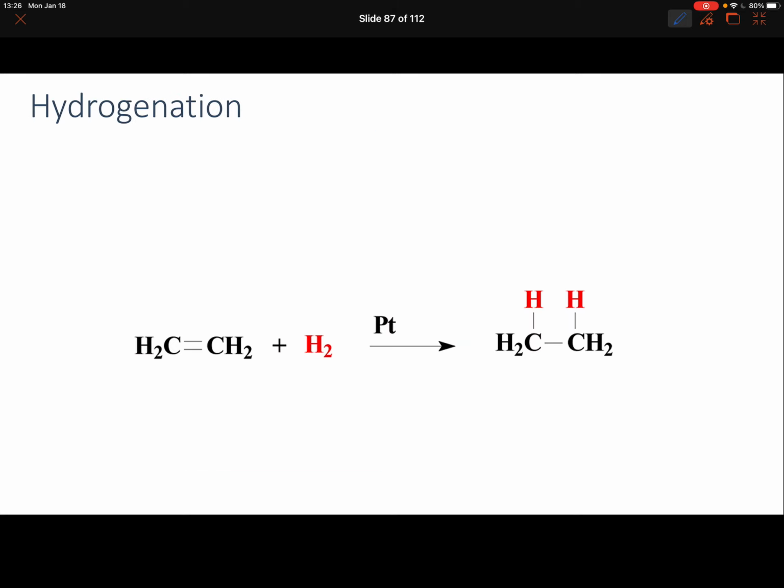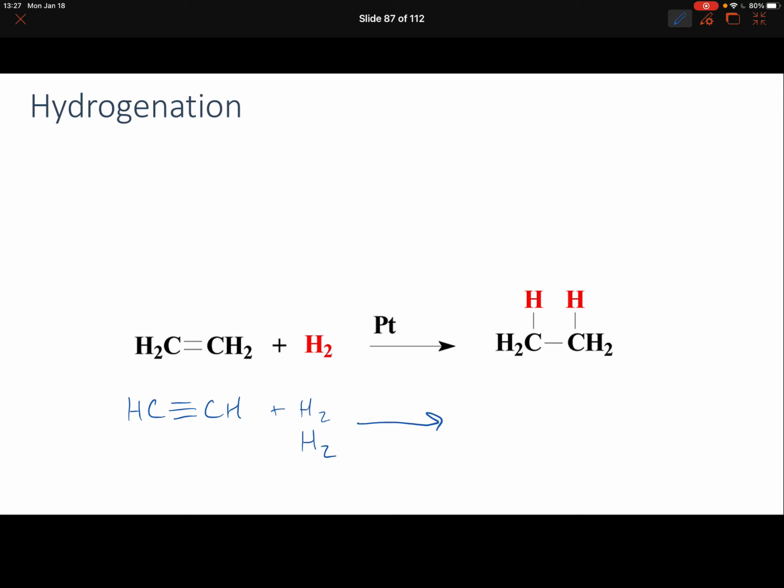Hydrogenation first. In hydrogenation, the hydrogen atoms will add to the carbon atoms of the double or triple bond. If we had a triple bond, then we actually have to add two rounds of hydrogen gas. One round of hydrogen gas is only going to get us back to the alkene, and then the second round will get us back to the alkane.